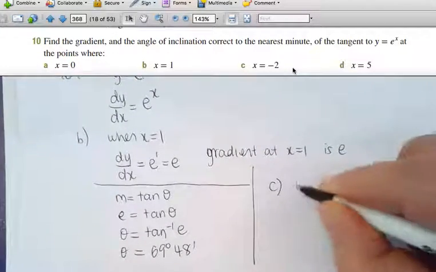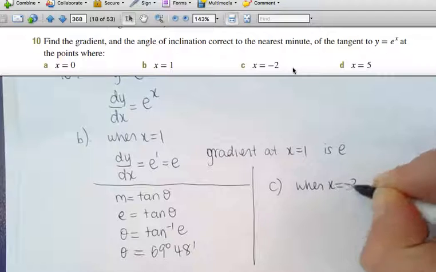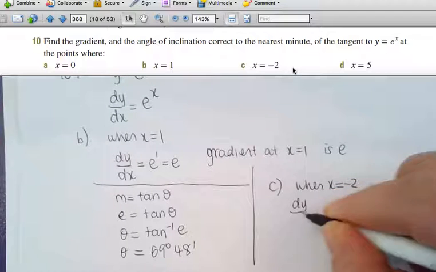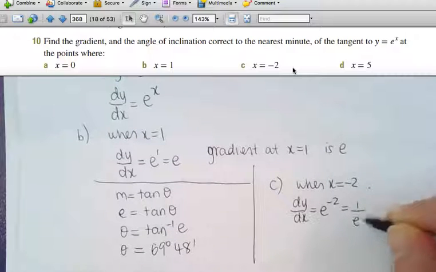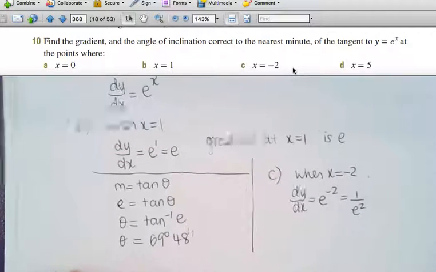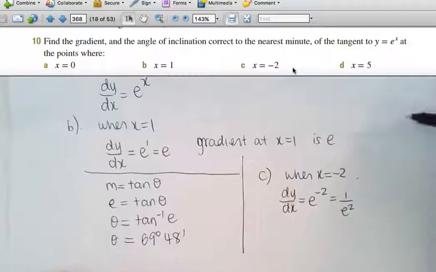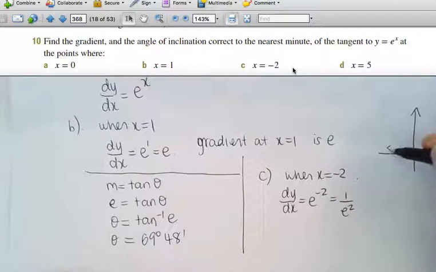When you do C, when x is -2, you get that the gradient is e to the -2, which is 1 over e squared. It's pretty flat. That makes sense, because if you look at the graph of y equals e to the x, it looks like this.